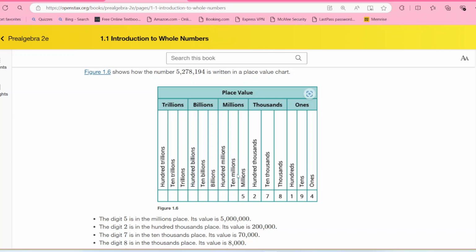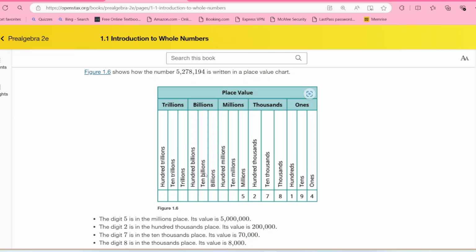Then the 10 millions place, and 10 million, it's in the word, is 10 millions. The 100 millions place, right? Which is 10 10 millions. Then the billions place, and a billion is 10 100 millions.